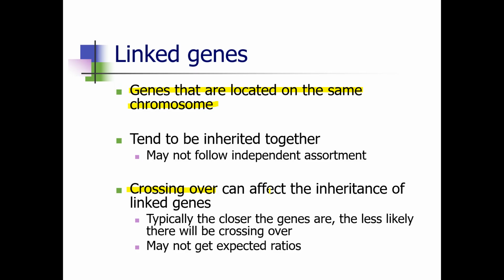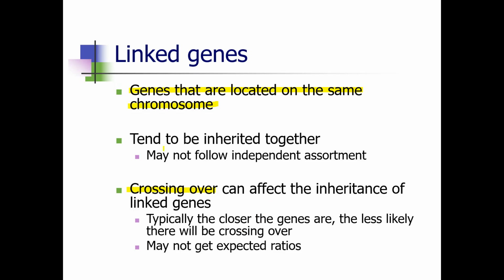And so it's using these ideas of linked genes and crossing over and expected ratios that we can create chromosome maps. Because if we expect them to be inherited together and they are not, if we get a different result in reality, then we know that somehow those genes must have been separated, and it is crossing over that would have done that.